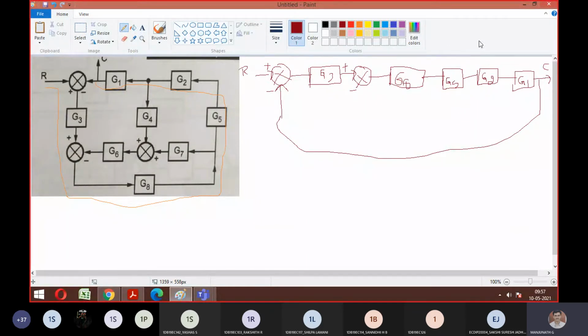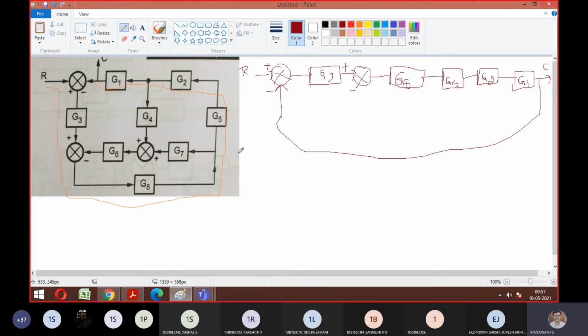I have just done the forward path connection in this way. Is this how we have been solving the problems till now? Input is here, output is here, and what is in between we will try to understand now. Can you tell me how many feedback paths you have here? Feedback paths: output to input logic.